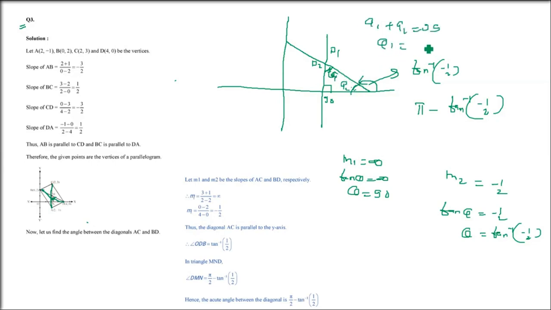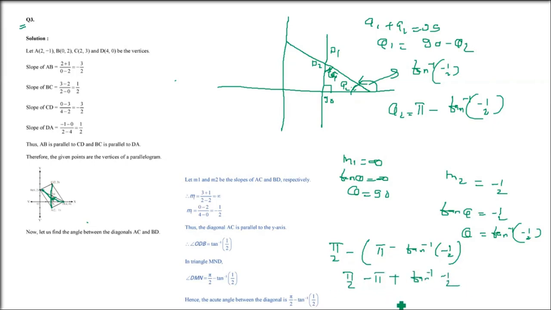In order to find theta 1, you have to subtract: 90 minus theta 2. So pi by 2 minus pi minus tan inverse minus half. Now pi by 2 minus pi is what? 90 minus 180 is minus 90, so minus pi by 2.